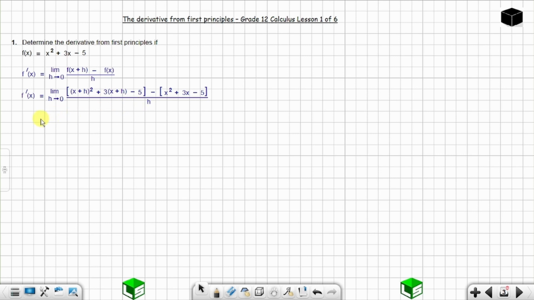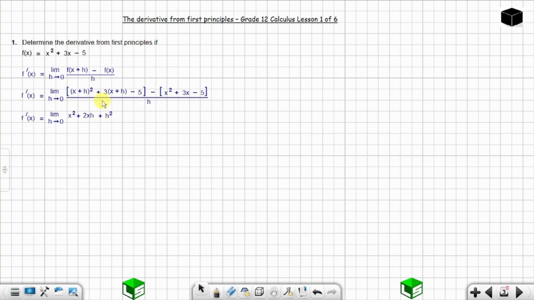F prime of x, or the first derivative, is equal to the limit as h goes to 0. Okay, so you have x plus h in bracket squared. Let's expand the bracket. You are going to have x squared, and you have x times h times 2, so 2xh, plus h squared.